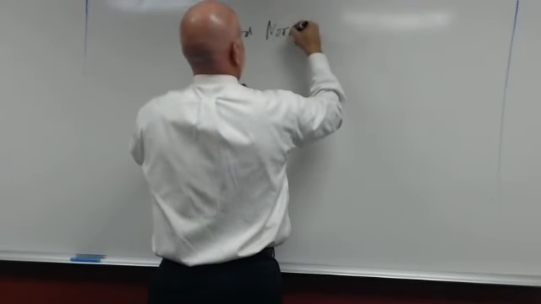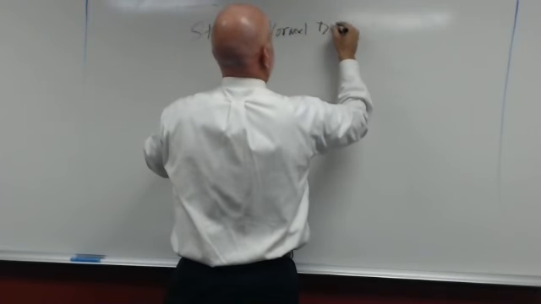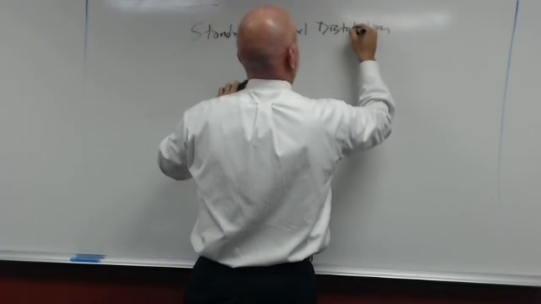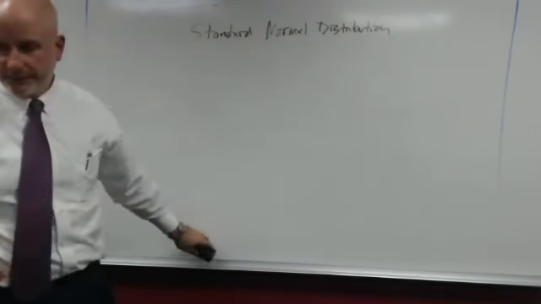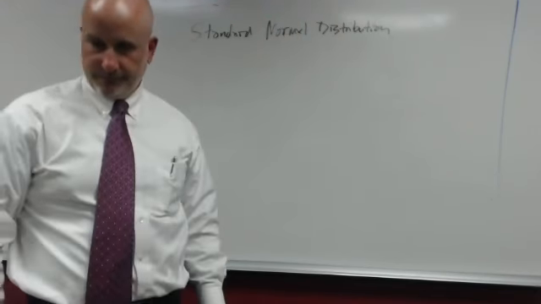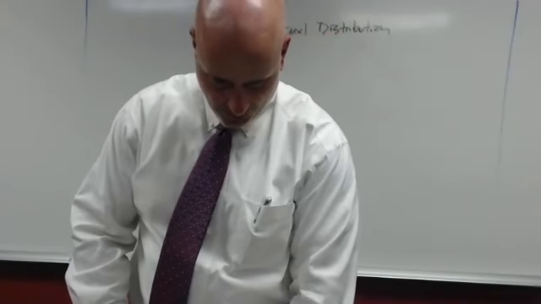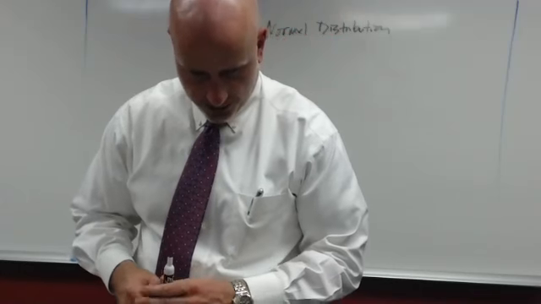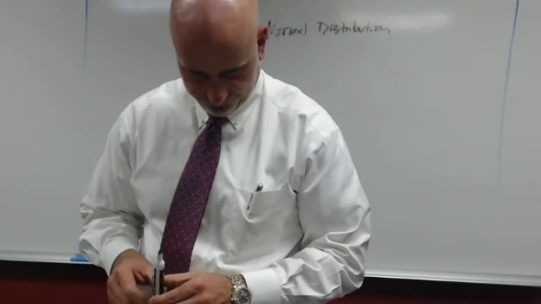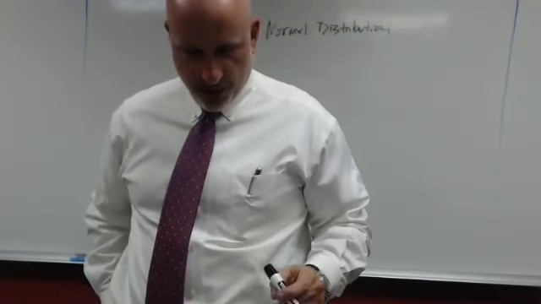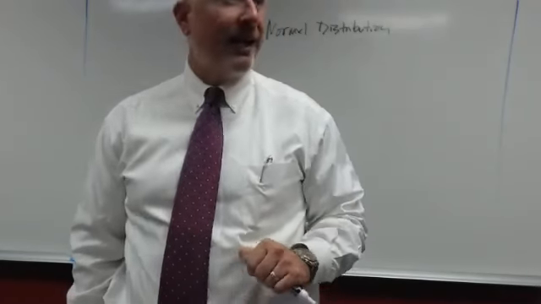All right, so what is the standard normal distribution? The top of page 214. Mean of 0 and a standard deviation of 1. Well, let's look. The number of normal distributions is unlimited.